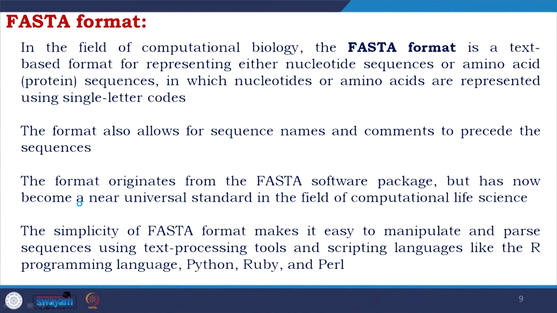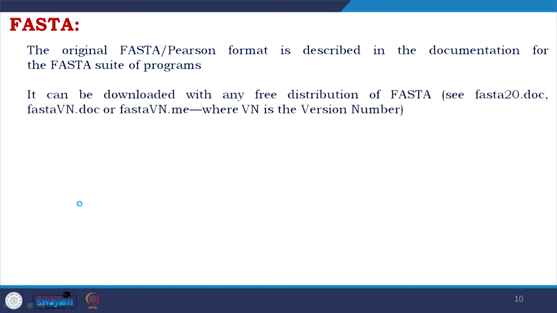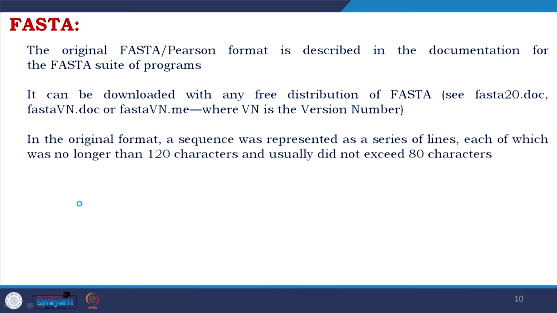The simplicity of the FASTA format makes it easy to manipulate and parse sequences using text processing tools and scripting languages like R, Python, Ruby, Perl, all the commonly used languages. The original FASTA or Pearson format, as it is also called, is described in the documentation for the FASTA suite of programs. You could download it with any free distribution of FASTA. The format and all are written for you.